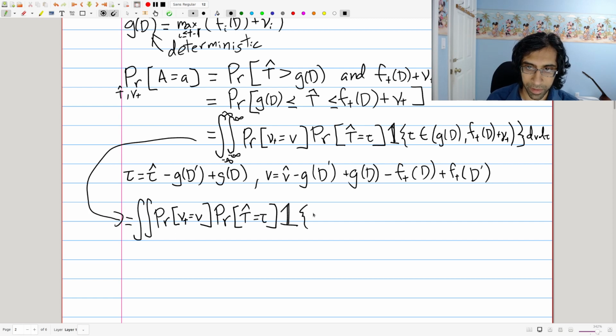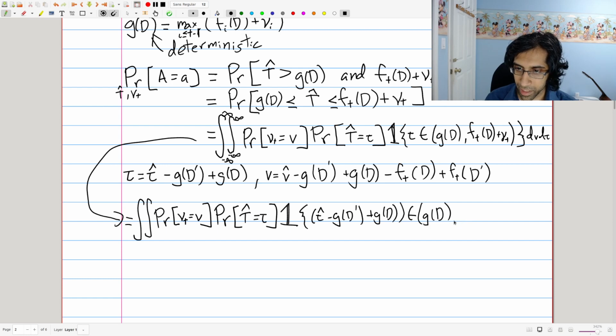So this becomes, we want the probability of the event that tau hat minus g of d prime plus g of d is in this range. G of d is unchanged because we didn't do any substitution here. The next one does change a bit, so let me write that on the next line, because this is a bit of a mouthful. Check the notes if you want to see this written out more carefully.